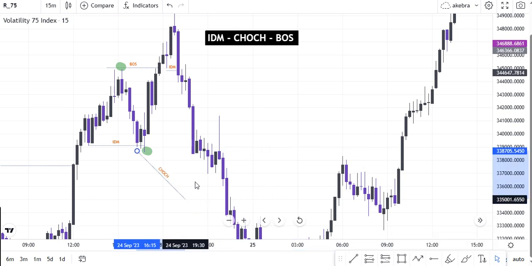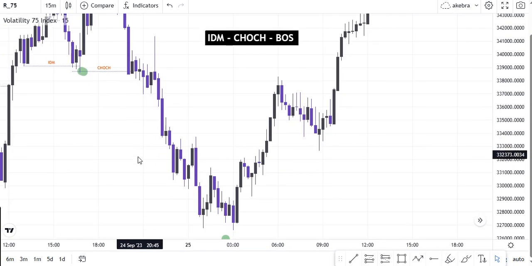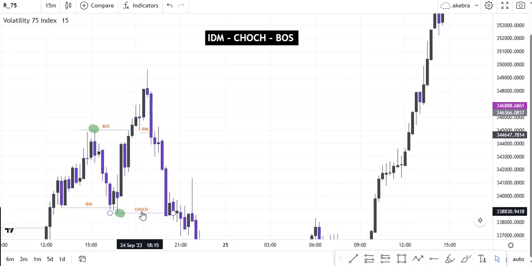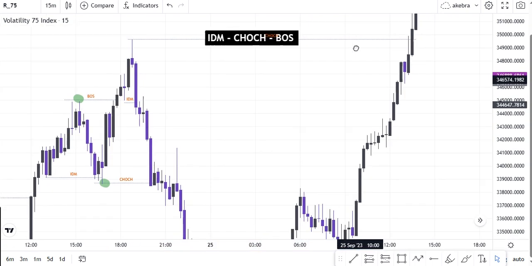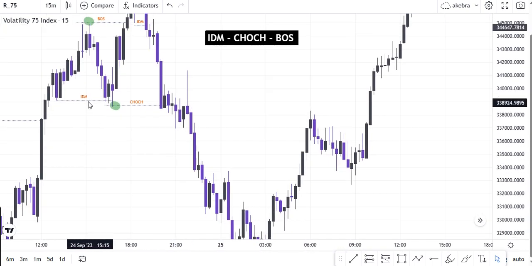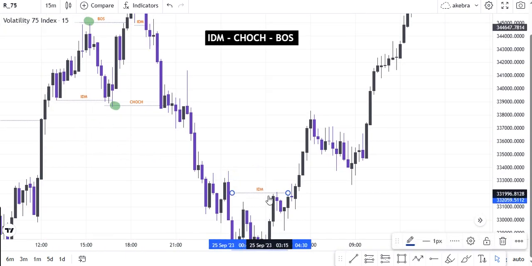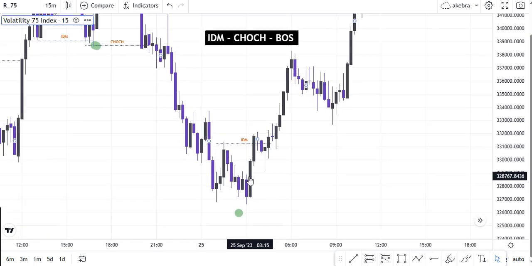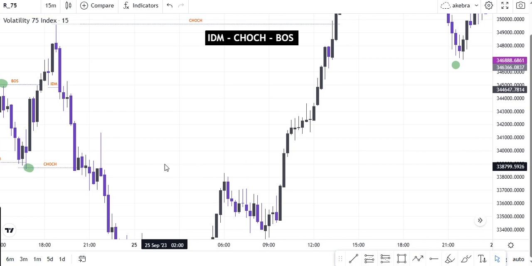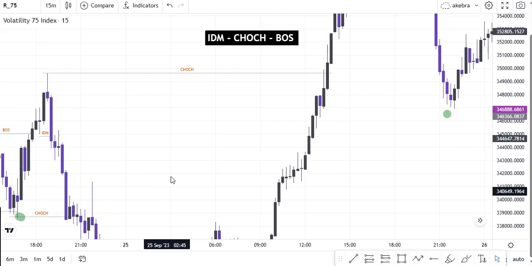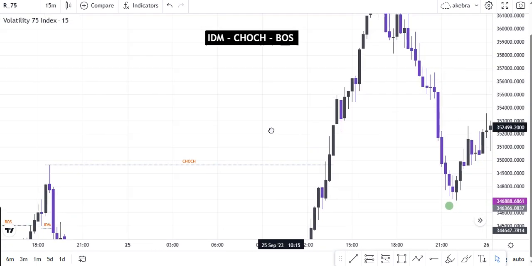So now we are going to look for short sells after the market takes out inducement. After the market changed character down, it changed character up again, because the market takes out inducement. So whenever the market takes out inducement, our expectation is that the market will tap an order block and push down, which I'm going to explain in the next video, where to take sells and buys from.